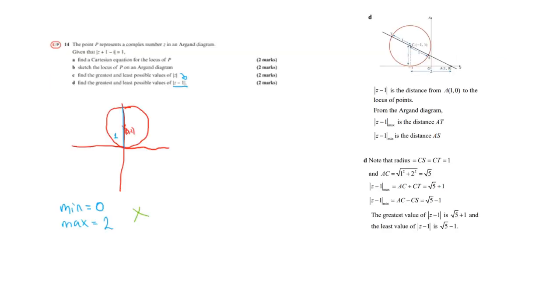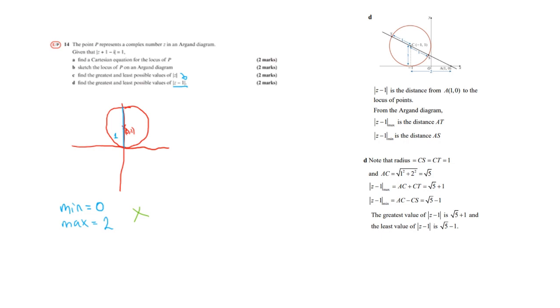Alright guys, so I just finished marking my test, and I've wanted to go through 3 questions that I got wrong. So this one here, the first 2 were fine, and then when it says find the greatest and least possible values of the modulus of x, that was fine, but then when it says z minus 1, that means that you translate the origin basically along and then find the modulus from there.